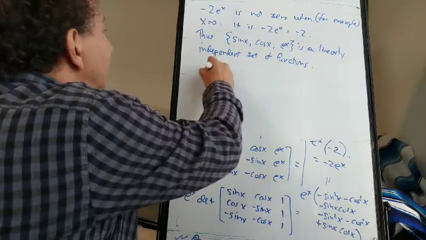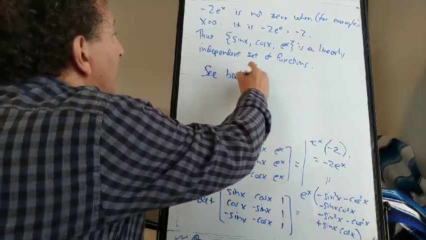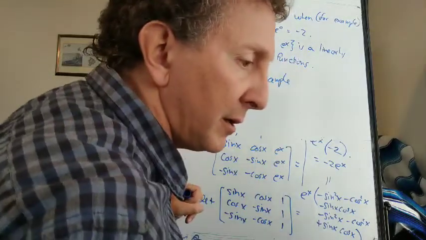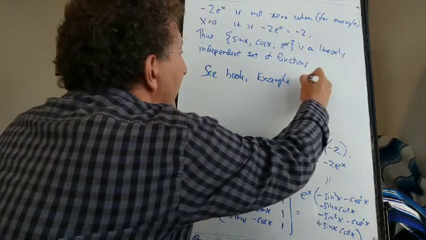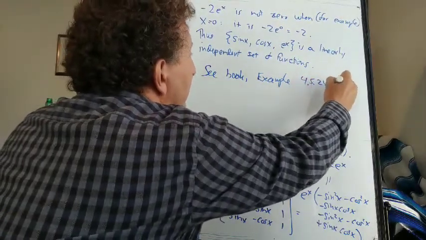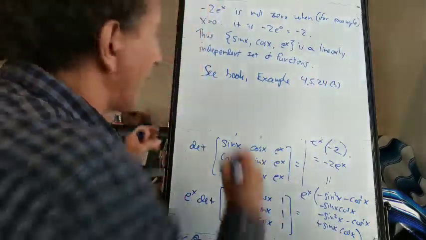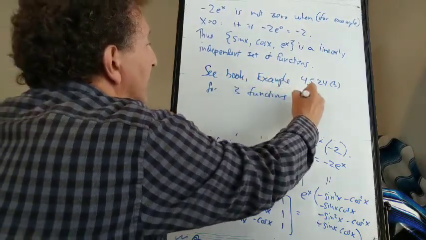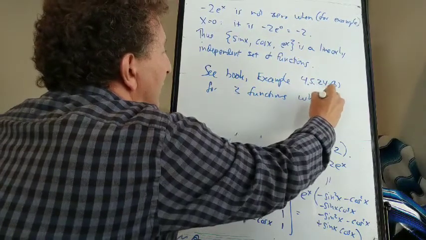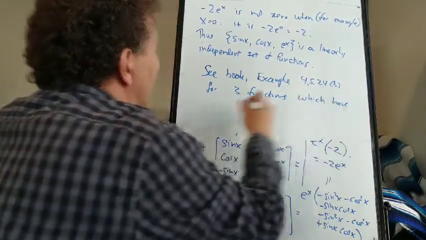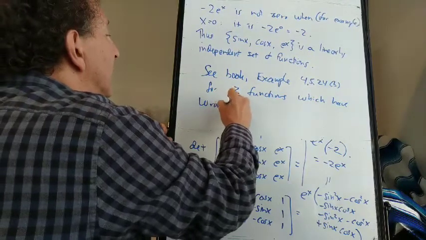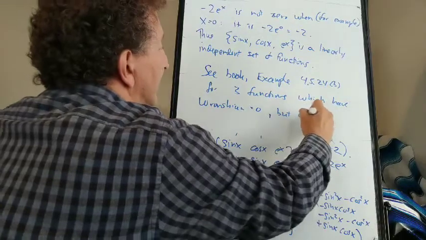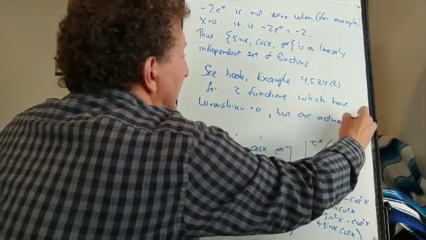So let me just say see book example 4524b for three functions which have their Wronskian equal to 0 but are actually linearly independent.